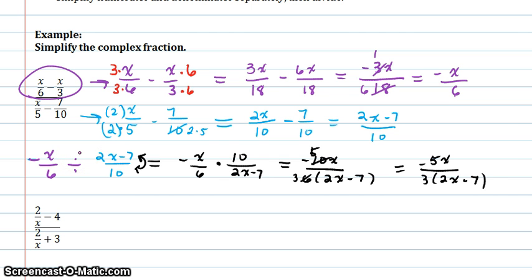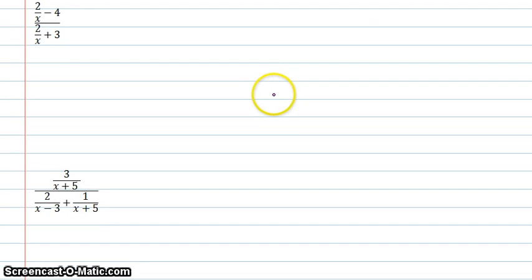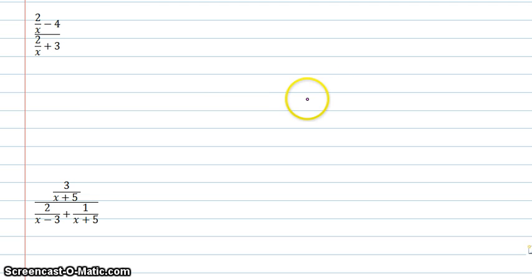To solve this, we're going to have to set everything equal to 0. So we're going to have to subtract 11x and also subtract 8. So that's going to give us 2x squared, 5 minus 11 is negative 6x minus 8, and that's going to equal 0.